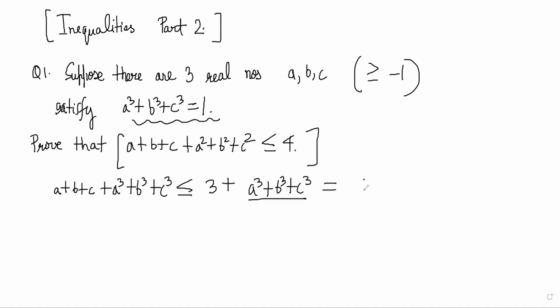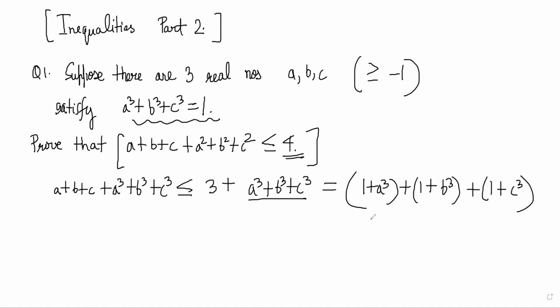And this can be written as 1 plus A cube plus 1 plus B cube plus 1 plus C cube, right? So basically what I've done is I've converted this 4 into something symmetrical in terms of A, B, and C. This is the same thing as 4, but it is much better now, because now we can understand the inequality that we need to prove.